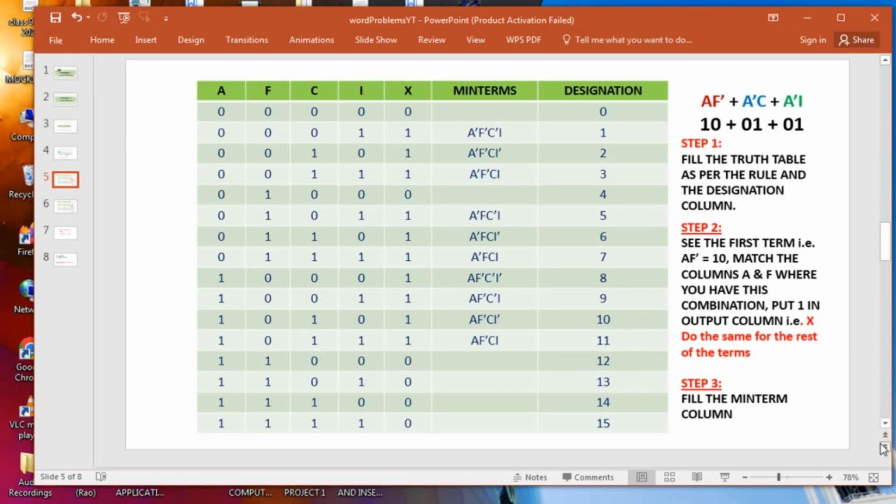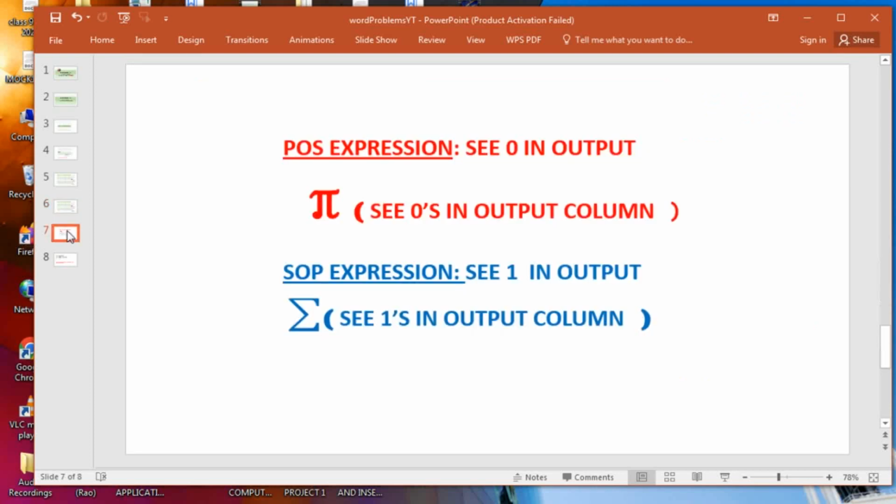We have to write it using, for SOP expression, you have to see in the output column where you have 1, and you have to put a sigma sign, and in parenthesis you have to put all the decimal values where you have 1 in the output column.